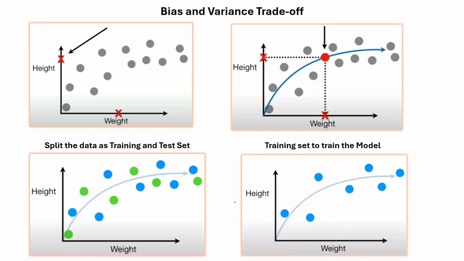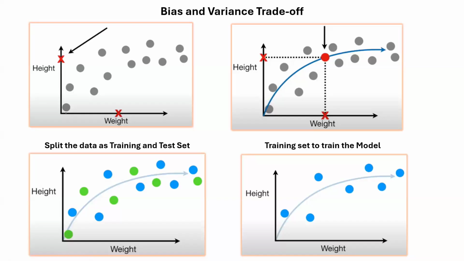Let's suppose these are the heights and weights of different persons in your data. Okay, different persons, that is your data. And now if you want to represent this data, the best line, the best curve that represents this data is this curve. So how do you understand this data?